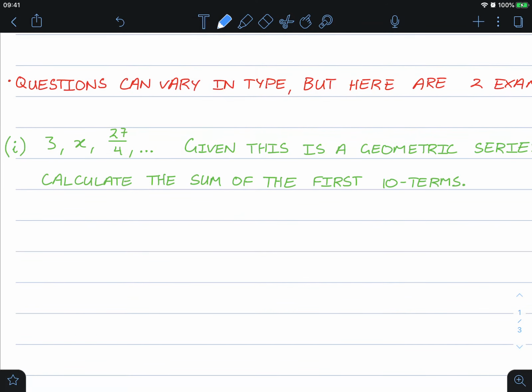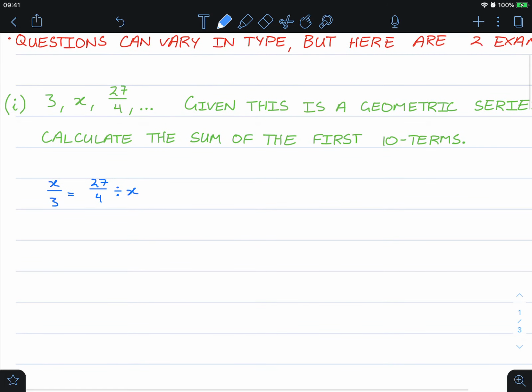If we take the term x and we divide it by the previous term, 3, it should equal 27 over 4 divided by x. If we continue working with this, we get x over 3 is equal to, this will become times 1 over x, so we get 27 over 4x.